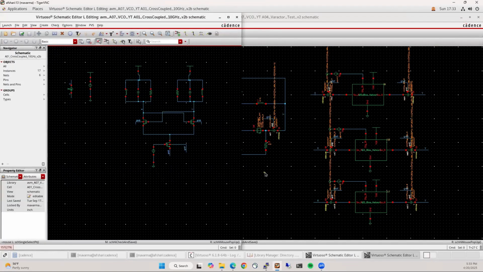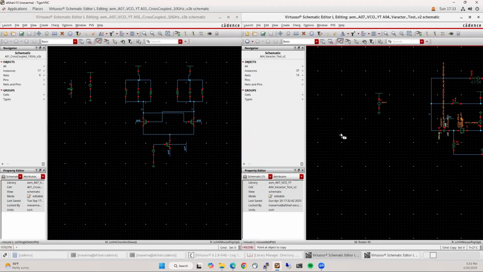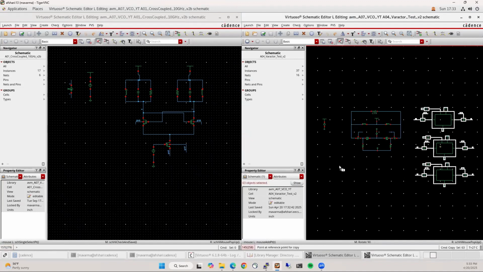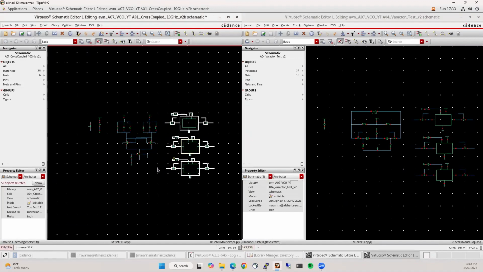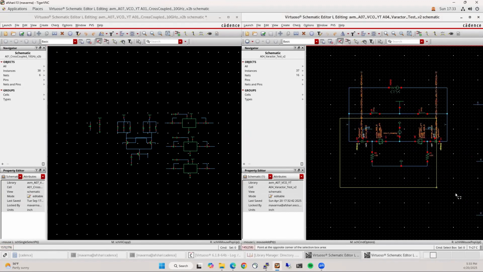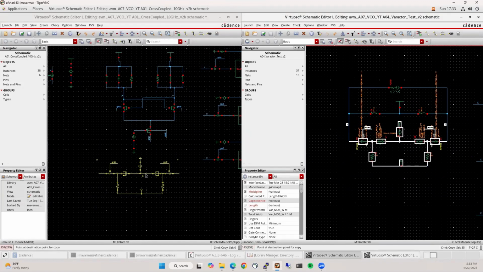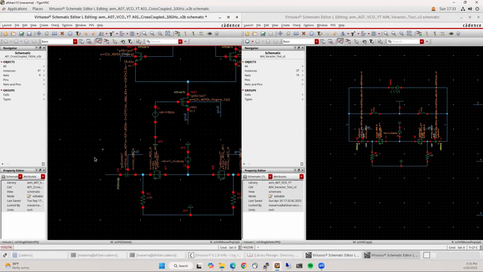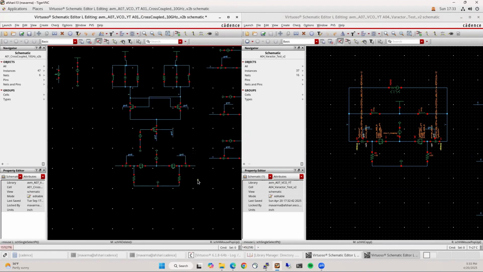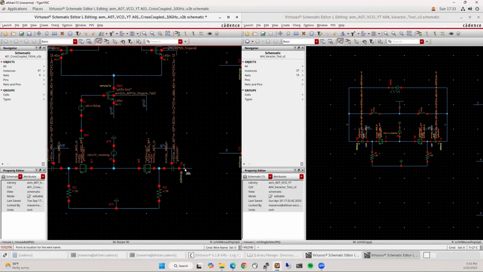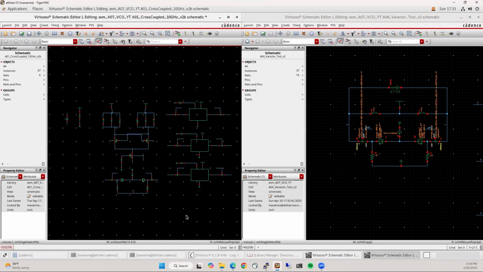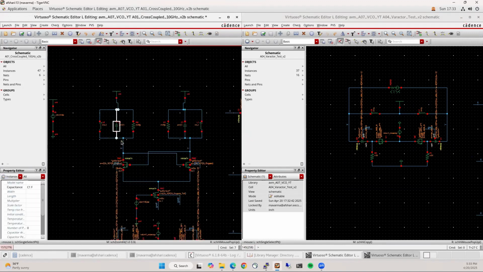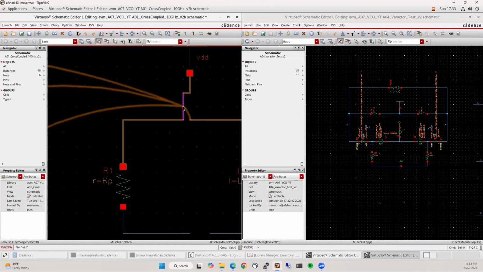Okay, so what we can do now is make a copy of all of this, bring it out here, and then also a copy of this, and I can place it anywhere. So let's relabel these things. Right, and we can delete this capacitance and this capacitance. Don't need that anymore.